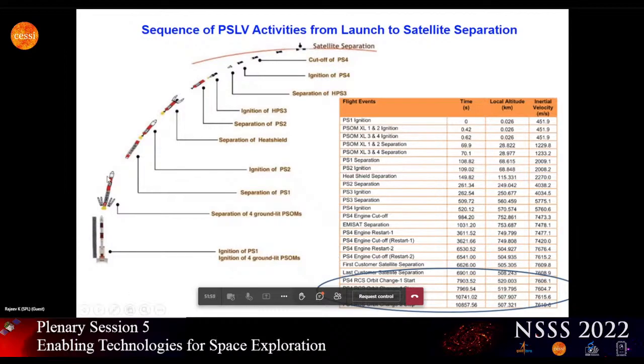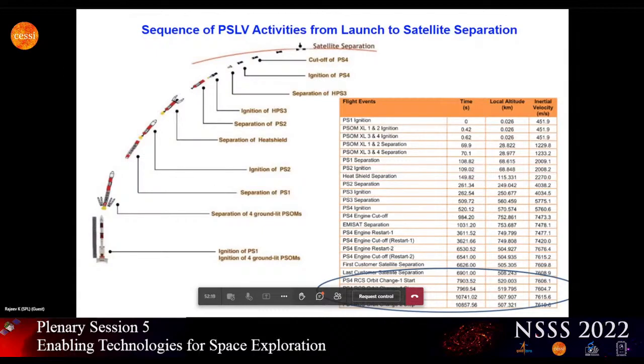Why I showed this sequence is also because usually the payloads that are kept in the PS4, that is in the orbital platform, will not be switched on till the satellite separation, because the safety of the satellite and the whole operation is of paramount importance. So usually that will not happen.